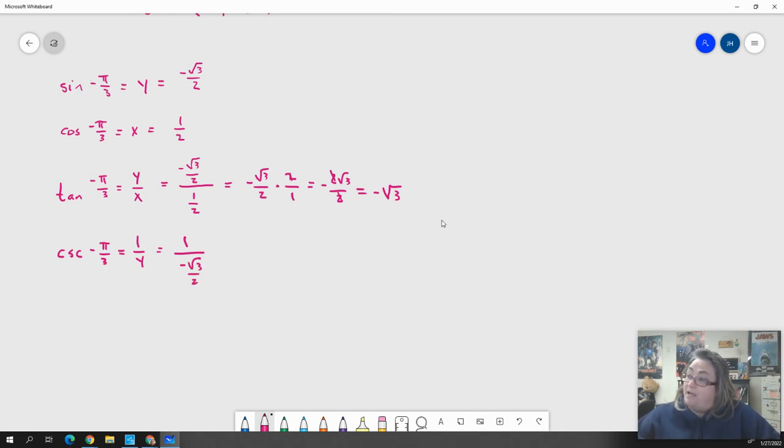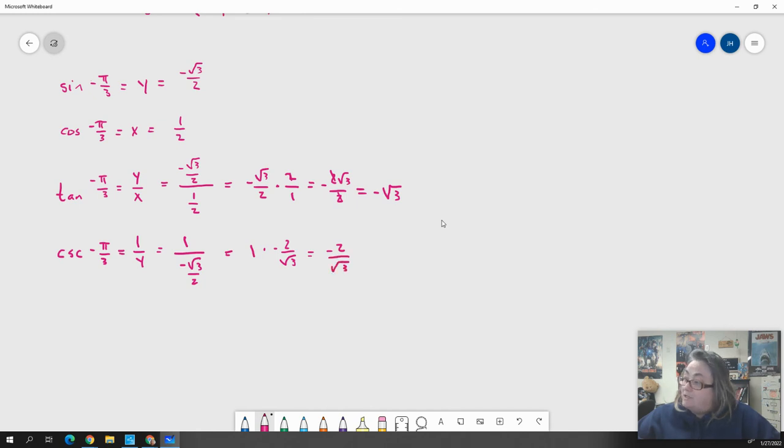So I'm going to have to rationalize that denominator, right? I'm going to have to multiply it by its reciprocal. This is going to equal 1 times negative 2 over radical 3, which gives me negative 2 over radical 3.